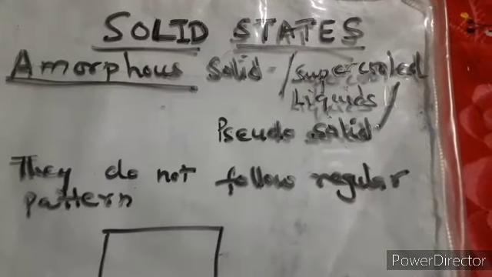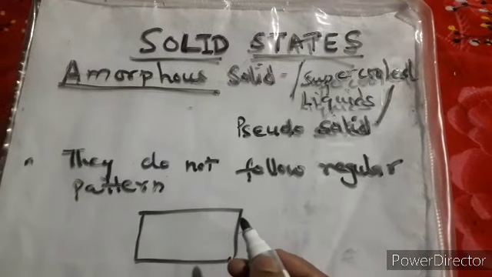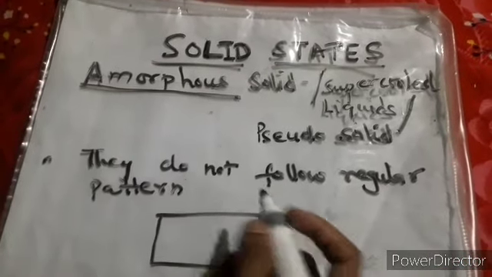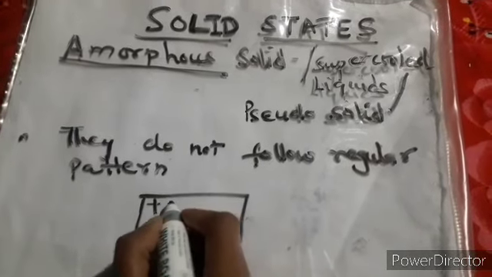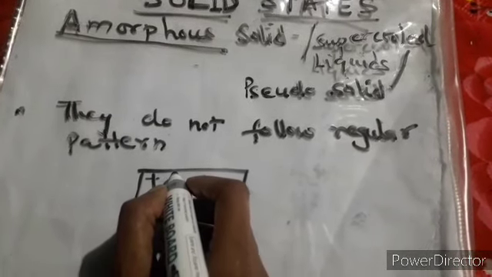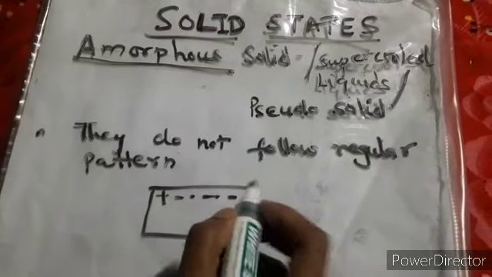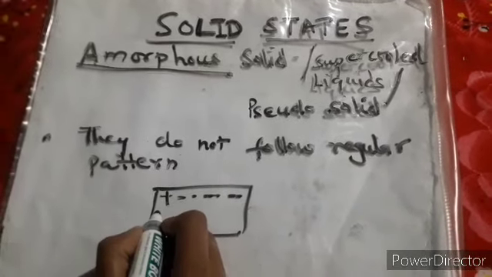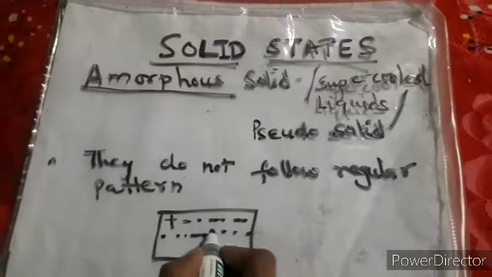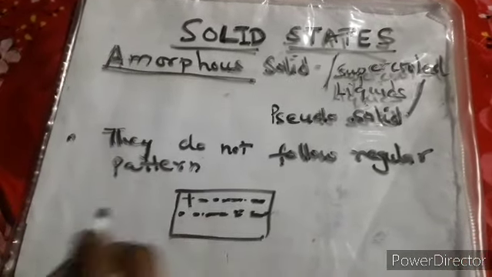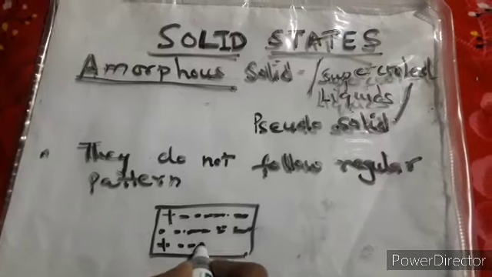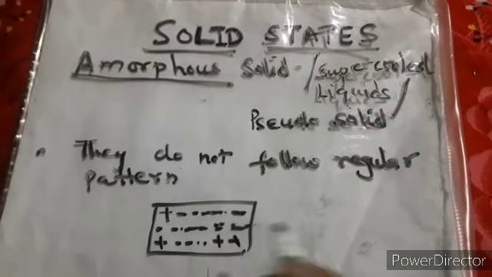Suppose I am seeing any solid which is amorphous in nature, and it contains different particles, possibly positive and negative. They don't have a proper arrangement, anything can be there. Over here positive, then many negatives, or over here positive, then negative, then positive, any way.